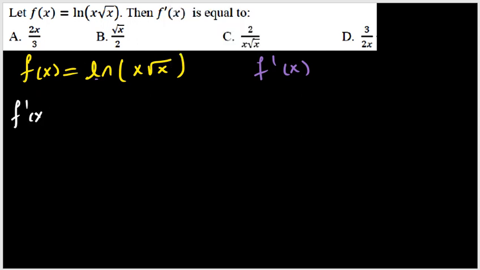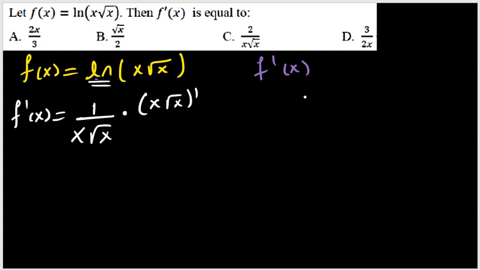The derivative of f of x will be the ln derivative, 1 over the function x root x, times the derivative of the inner one, x root x derivative. But how to differentiate x root x? X radical x can be differentiated by the product rule, or we can simplify first: x to the power of 1 and radical x means x to the power of 1 over 2, so we can add the exponents. But let's apply the product rule here.